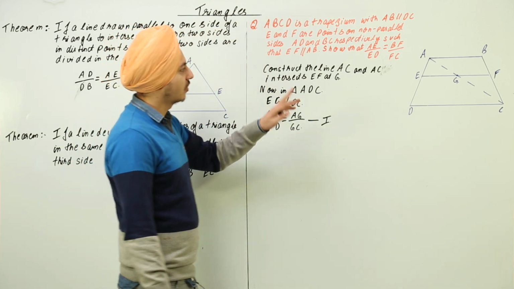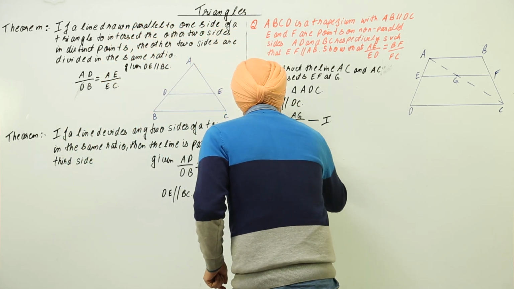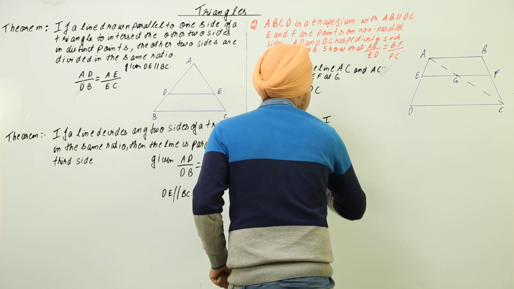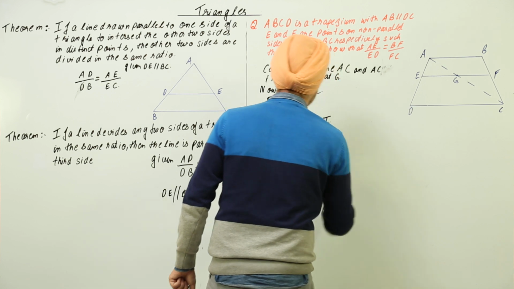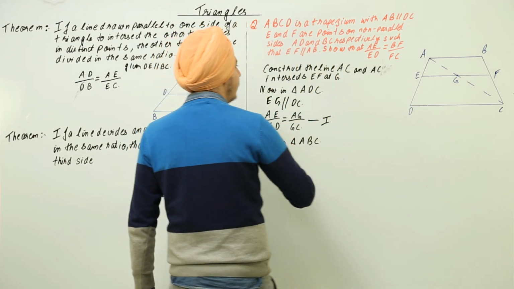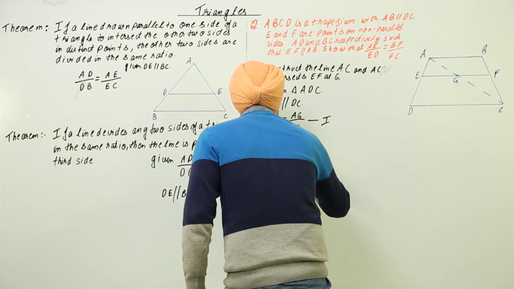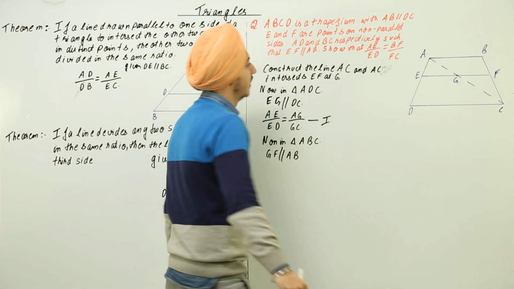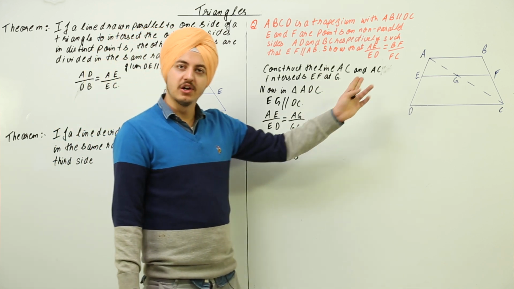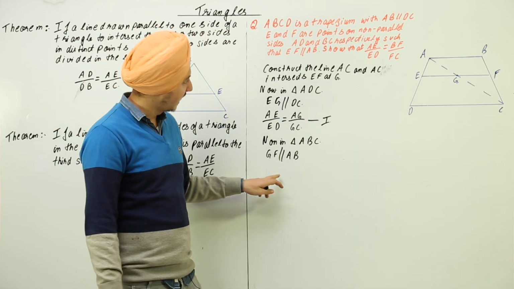Okay. Now let's move on to the other triangle. Now in triangle ABC, what do we have? We have line GF is parallel to AB. Is that correct? Because EF is parallel to AB, so GF is also parallel to AB, right?